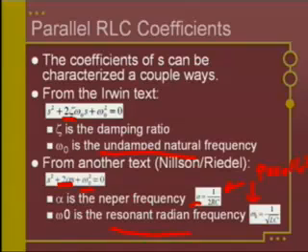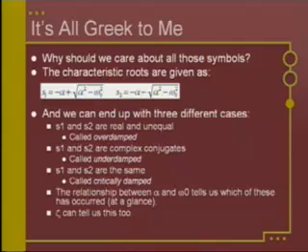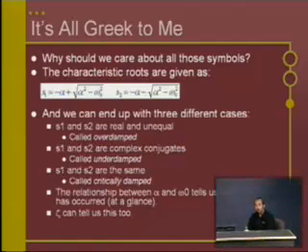So what is the meaning of all of that stuff? Why do we care about all of these things? In my horrible pun at the top, it's all Greek to me. So why do we care? If we solve for alpha and omega naught, that gives us an easy way to solve for the roots of the characteristic equation, and it simplifies out all of the quadratic equation stuff.